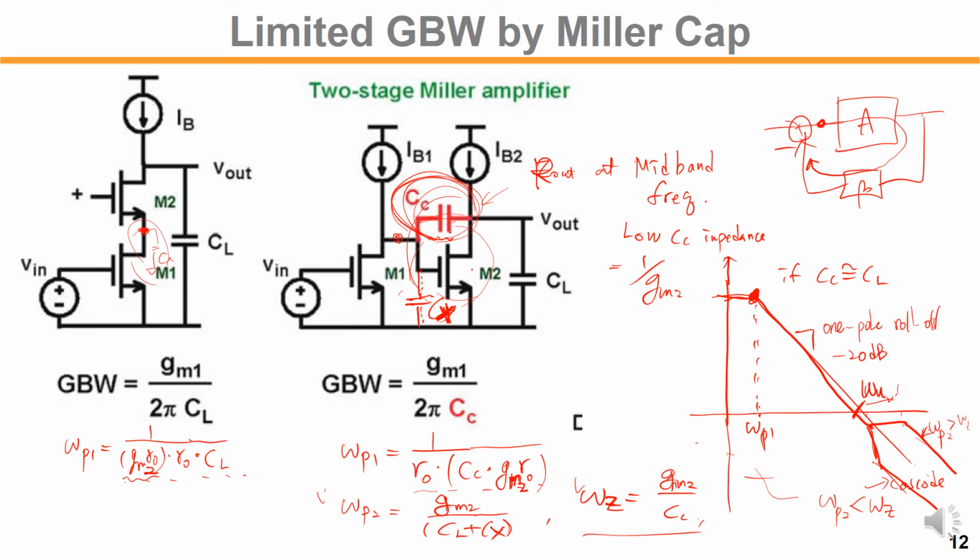So a single pole below omega u introduces a 90-degree shift. If there's an additional pole below omega u, then it will introduce a 180-degree phase shift. That will definitely make the loop unstable. So this is the purpose.